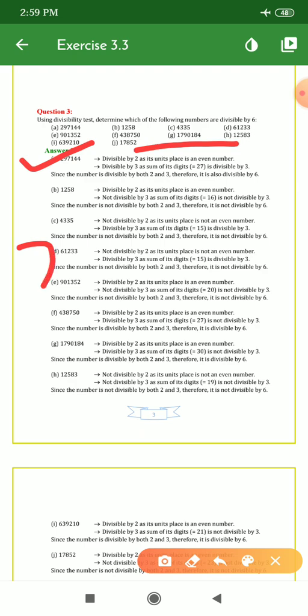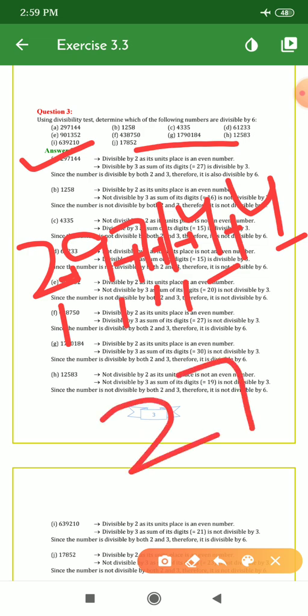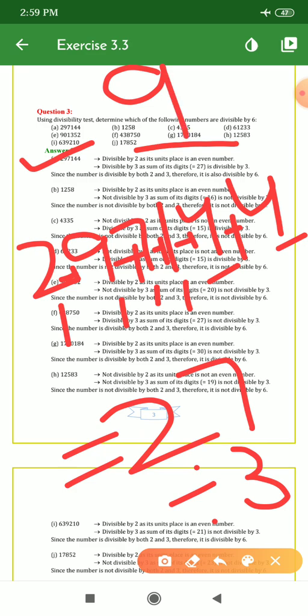It means if the number given is 297144, you have to add all these digits. 4 plus 4 is 8, 8 plus 1 is 9, 9 plus 1 is 10, 10 and 6 is 16, 17, 18, 18 and 9 is 27. So the answer is 27. Whether it is divisible by 3 or not: yes, 3 nines are 27, completely divisible without any remainder.